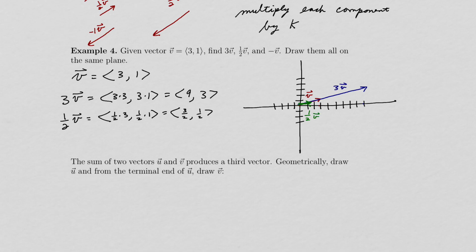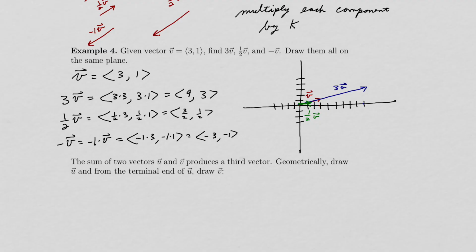And then finally, what is negative v? Well, that's the same as negative 1 times v, right? So it'll be negative 1 times 3, and then negative 1 times 1. So it's going to have an x component of negative 3 and a y component of negative 1. Well, that's going to be the same as v, except it's going to go backwards, right?